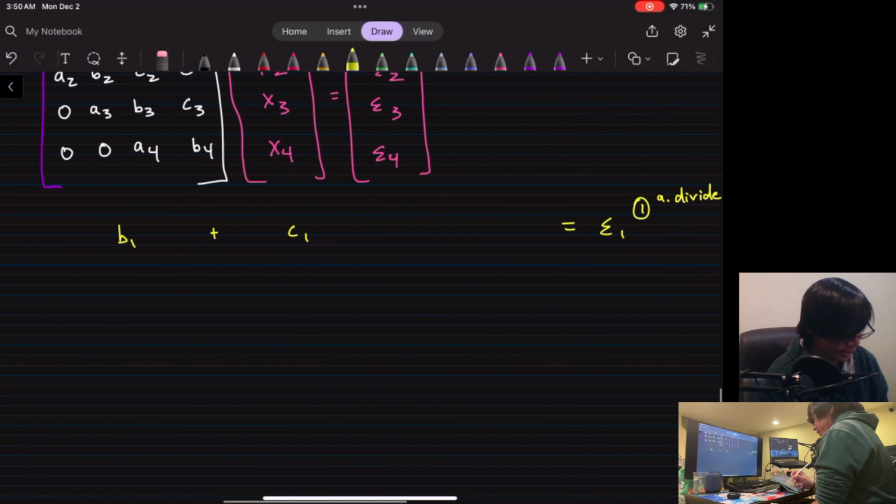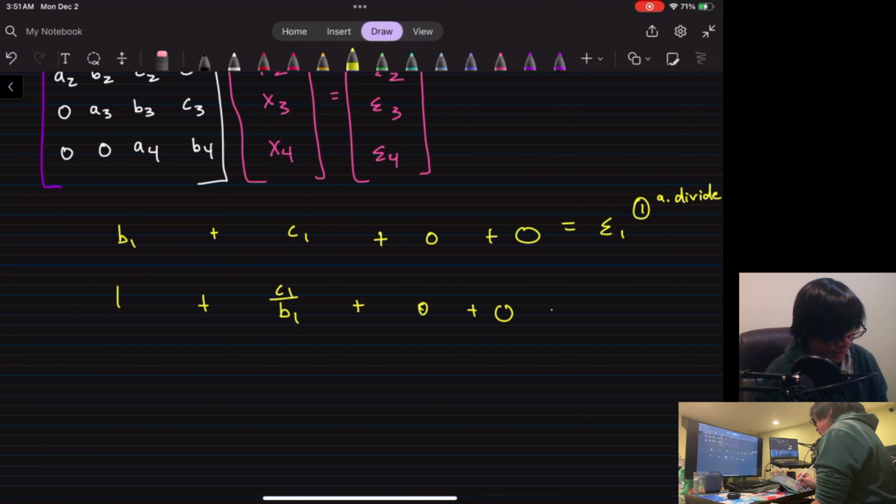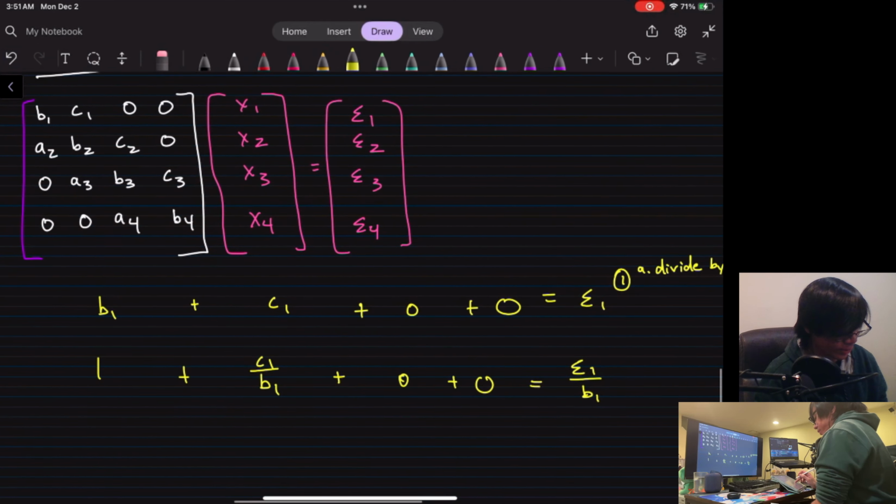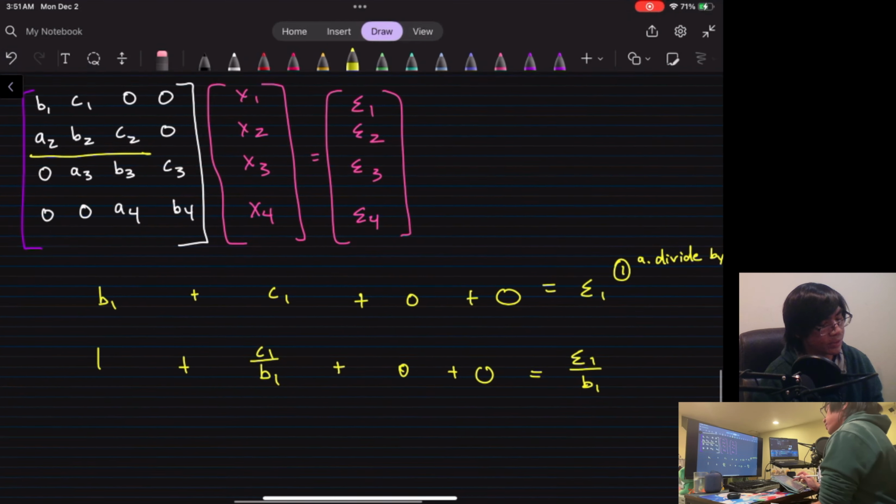That would net us 1 plus C1 over B1, and the other terms are technically 0, and we have epsilon 1 over B1. I'll write the next row here so it looks easier to subtract out.